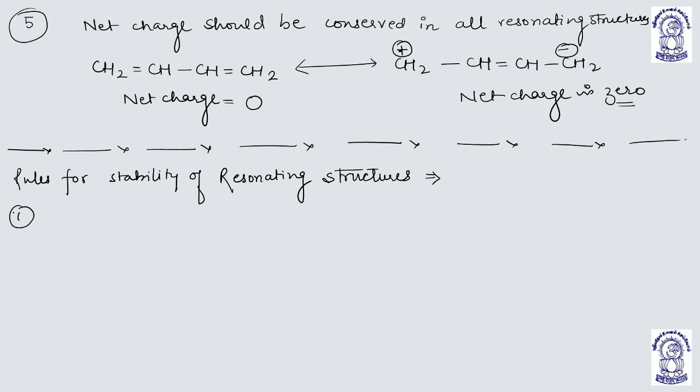First rule is, among all the resonating structures, non-polar resonating structures are more stable than polar resonating structures.